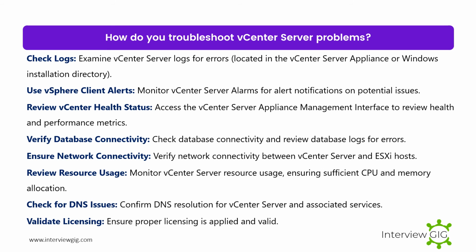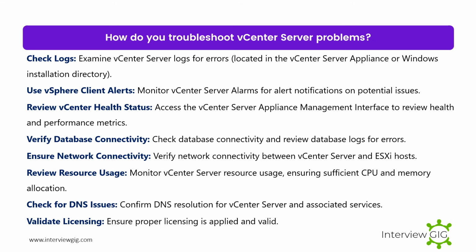Ensure network connectivity. Verify network connectivity between vCenter Server and ESXi hosts. Review resource usage. Monitor vCenter Server resource usage, ensuring sufficient CPU and memory allocation. Check for DNS issues. Confirm DNS resolution for vCenter Server and associated services. Validate licensing.